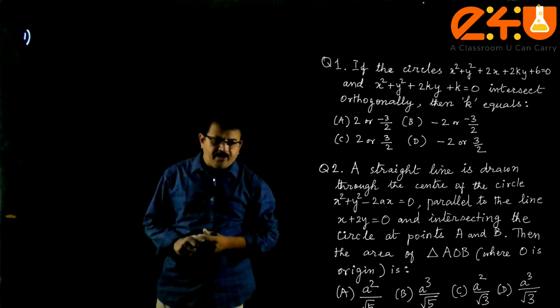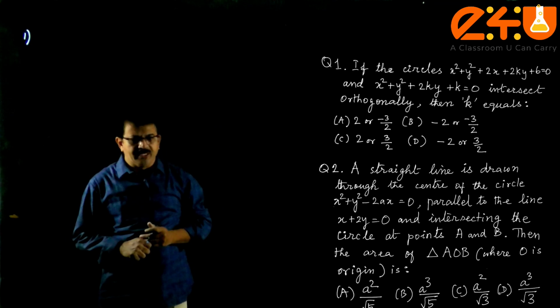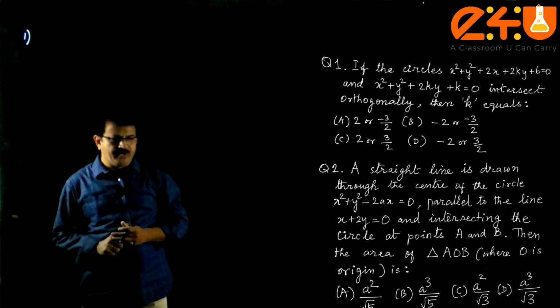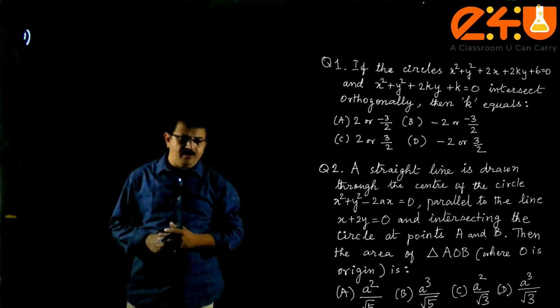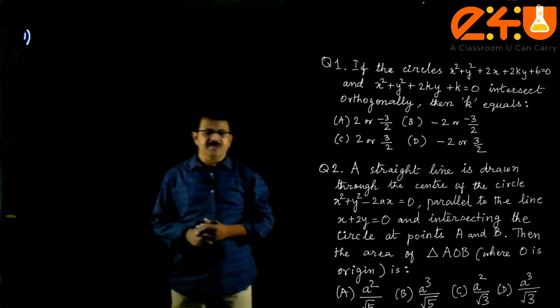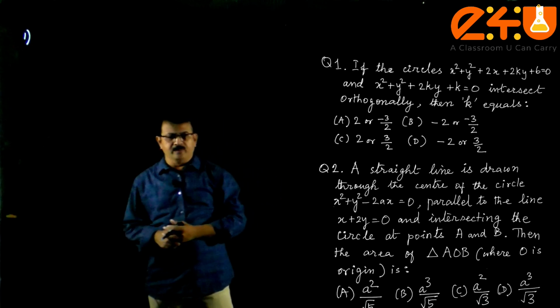The first question you are going to look into is, there are two circles given, x square plus y square plus 2x plus 2ky plus 6 equal to 0. Second circle, x square plus y square plus 2ky plus k equal 0.